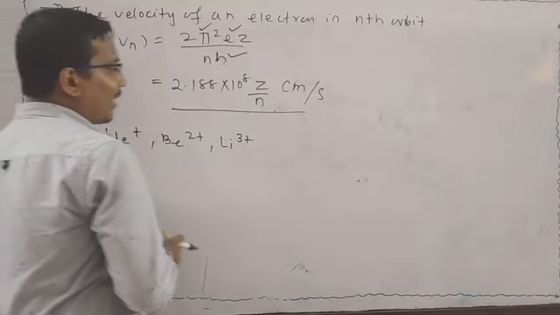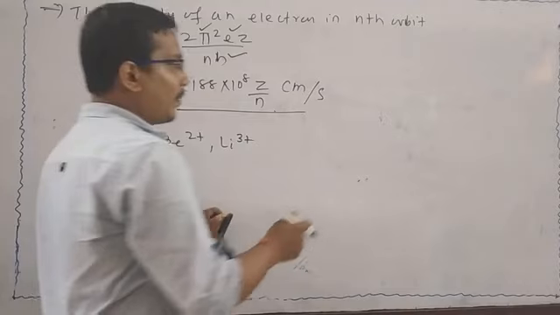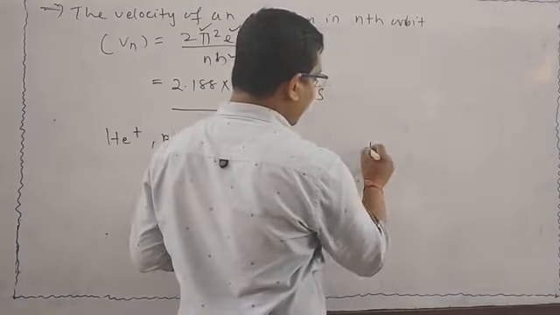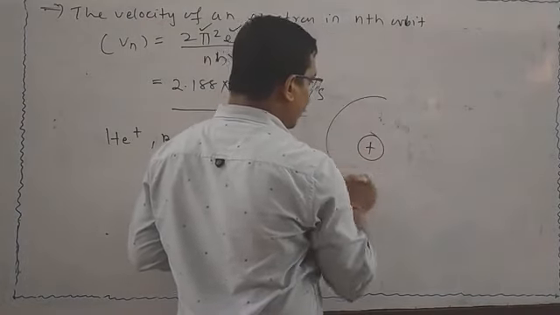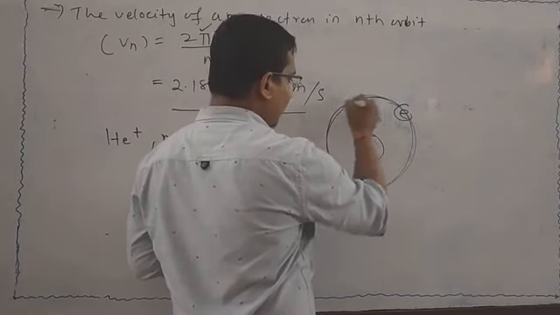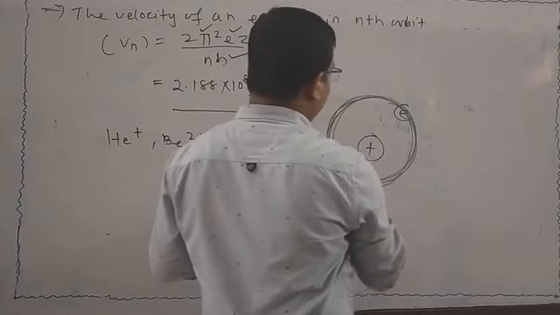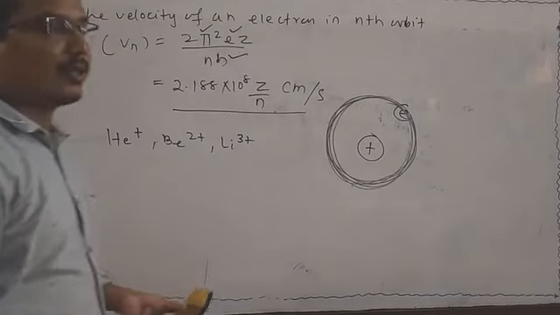Similarly, we can calculate the number of revolutions. Suppose think about this is your nucleus, this is your electron. How many times does it rotate in a particular time, in a particular second? That can also be calculated.